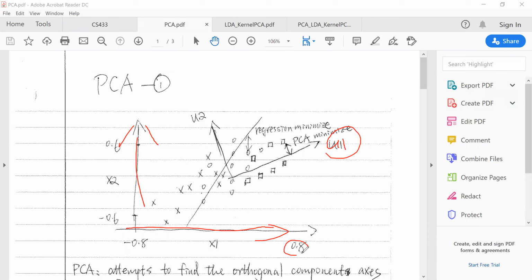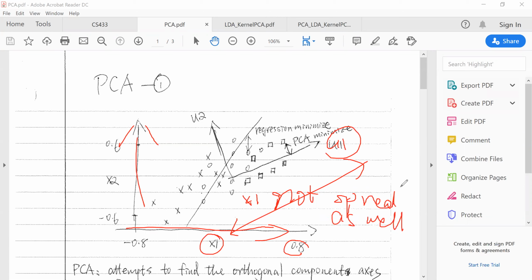If you compare V1 and X1, the X1 is not spread as well as U1. So they are not spread as well as U1.